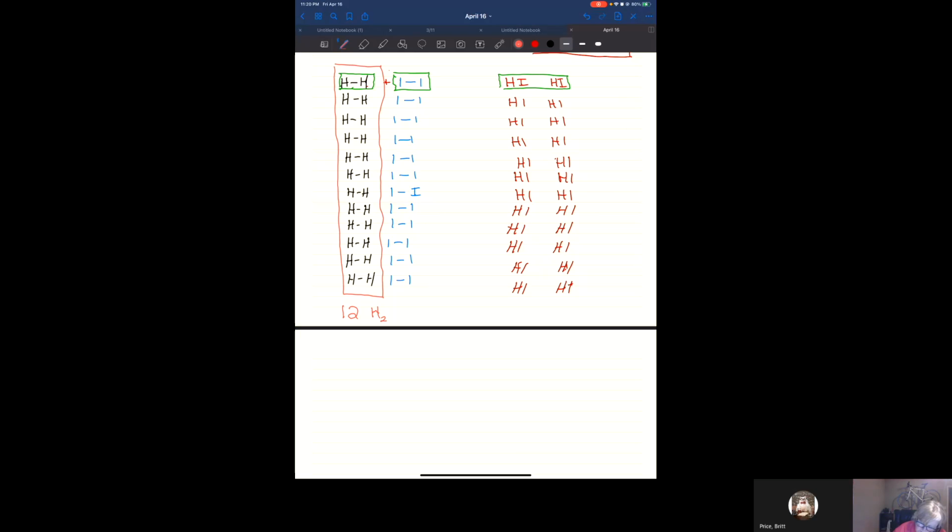Same box here. It's 12 I2s. And here, there's 24 HIs.